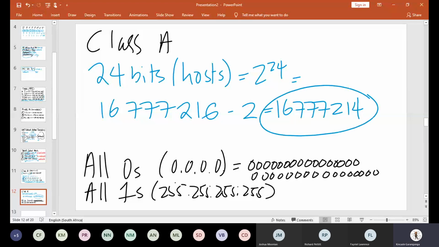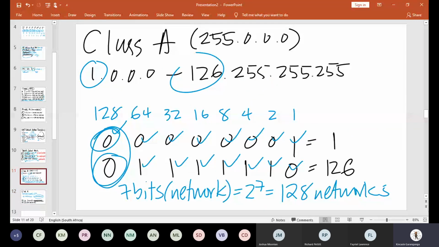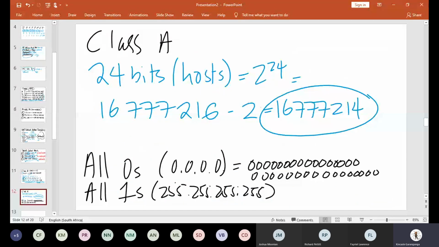All right, so that's for Class A. So anytime we're looking at Class A, the maximum number of networks that we can get is 128 networks. Some literature might say 127 because you also have that convention incorporated, but it's actually 128 networks. And then you will also have a maximum of 16,777,214 hosts that you can get as far as Class A is concerned.